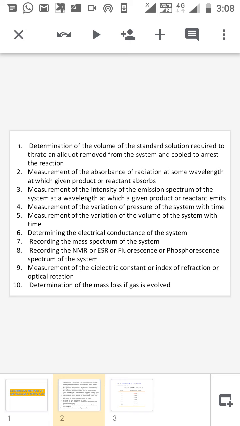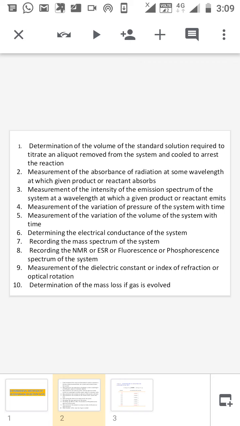Similarly, we can measure the absorbance of radiation at a wavelength at which a given product or reactant absorbs. Or we can measure the intensity of the emission spectrum of the system at a wavelength at which a given product or reactant emits.